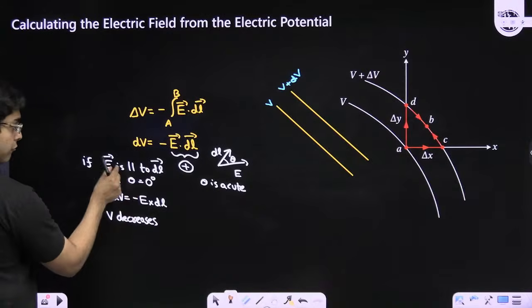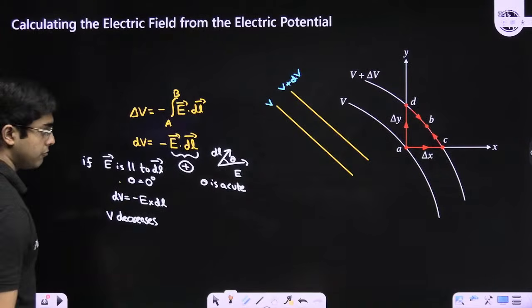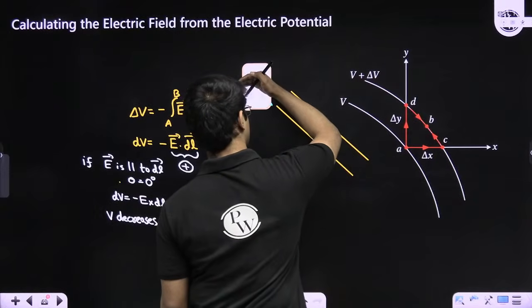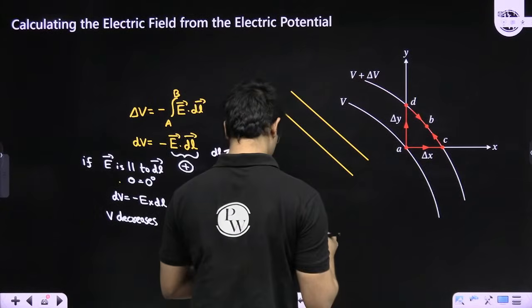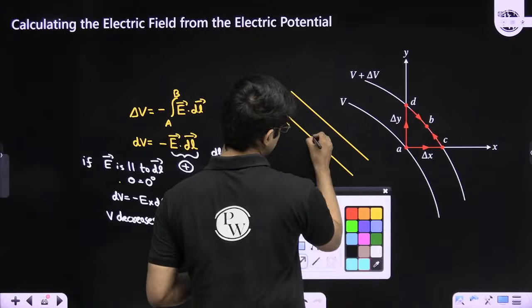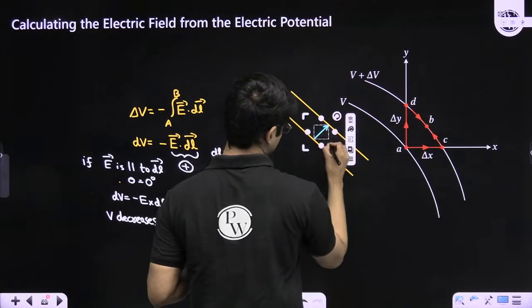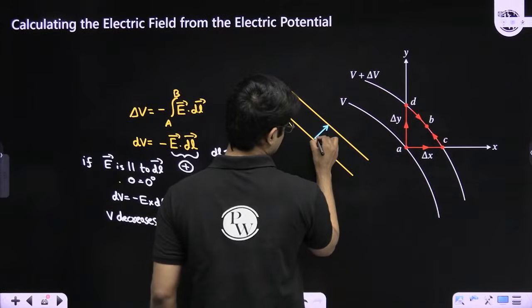So when we are walking in the direction of the electric field, let me take an example where the electric field is in this direction. The electric field is perpendicular to the equipotential surface, like this.